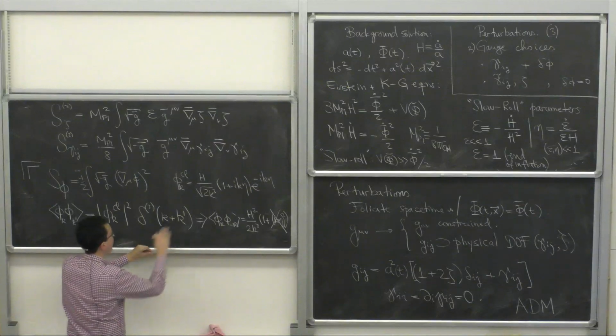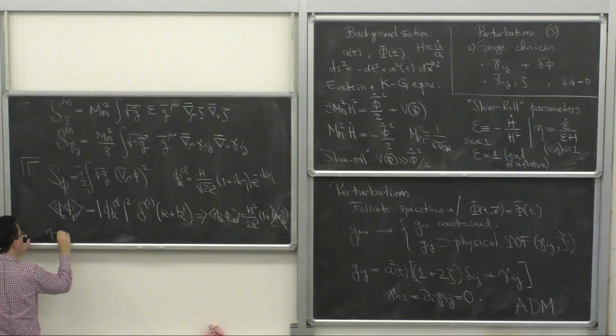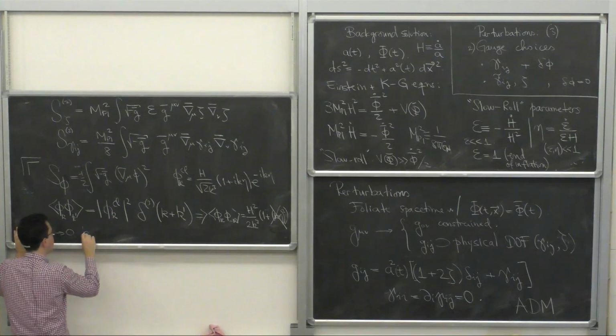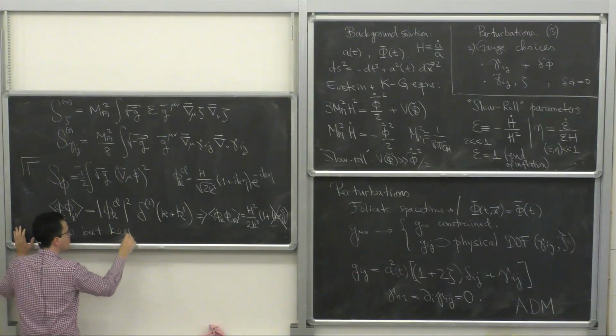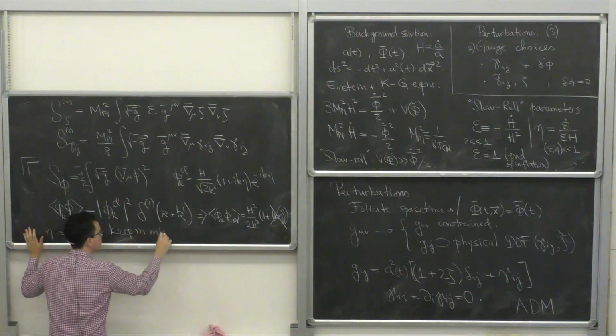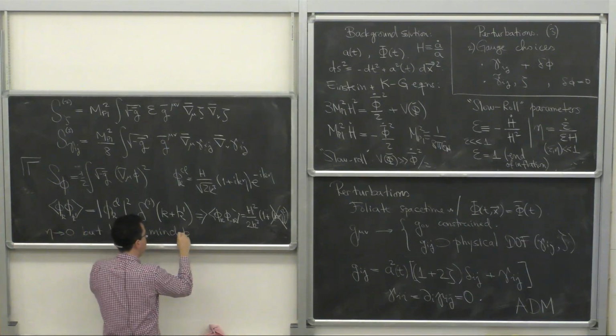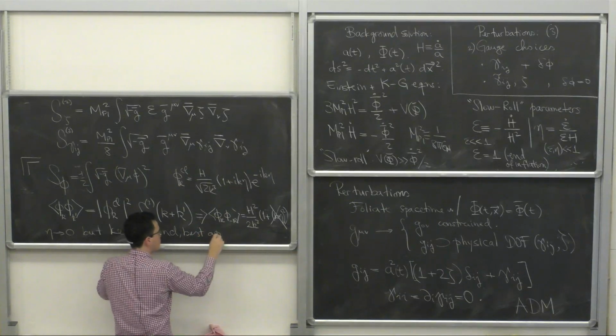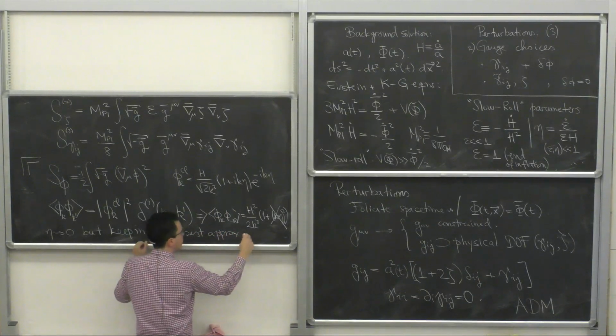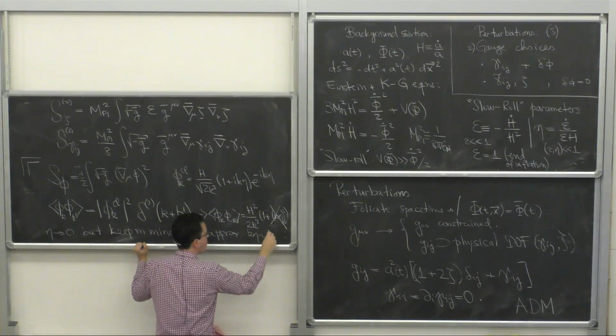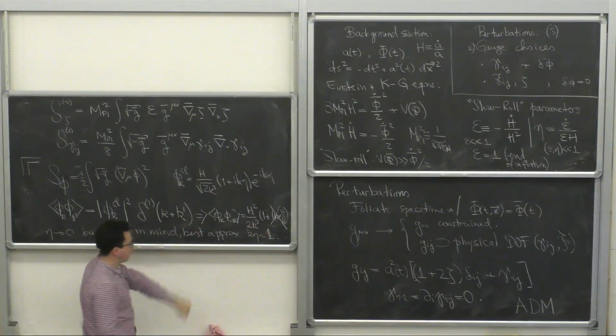Okay? So in practice we send eta to 0, but keep in mind the best approximation is k eta of order 1, for each mode.